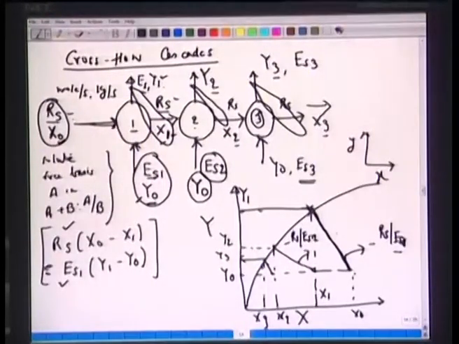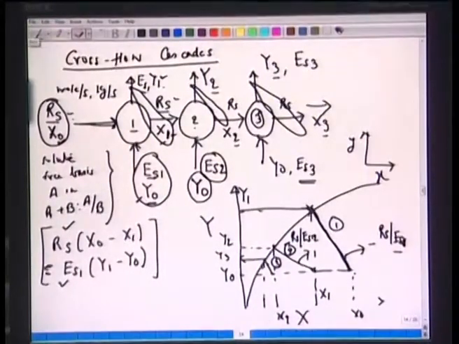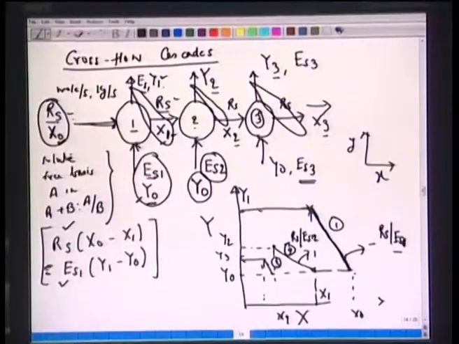So we have stage 1, stage 2, stage 3. Starting from x0, we have brought down the compositions till x3.